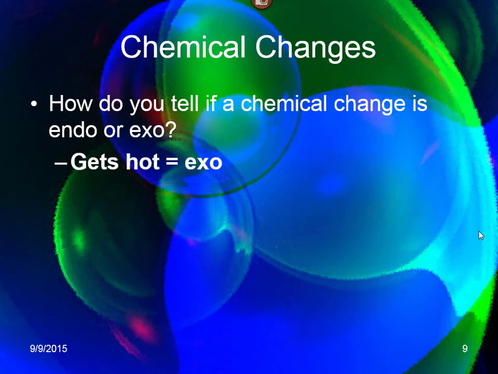How do you tell if a chemical change is endo or exo? Well, you feel it for a temperature change, and then you decide. If it feels hot, it's an exothermic change. If it feels cold, it's an endothermic change. That's pretty easy.